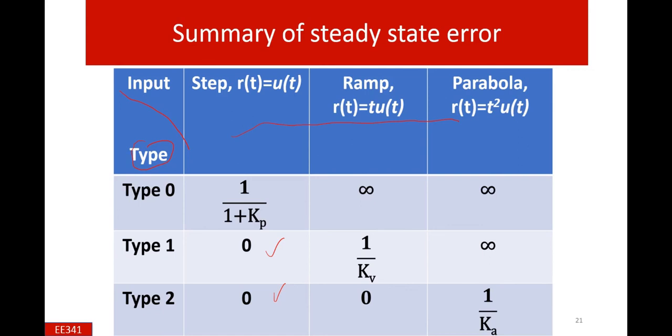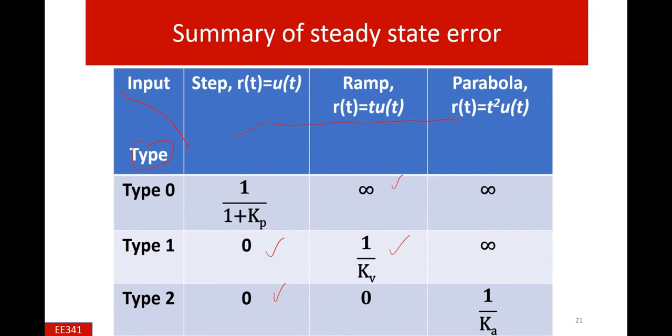And if we excite the system by using the ramp input, and we have a type 0 system, then there is an infinite steady state error. And if it is a type 1 system, then there is some constant error, and similarly if it is a type 2 system, then the error is 0.